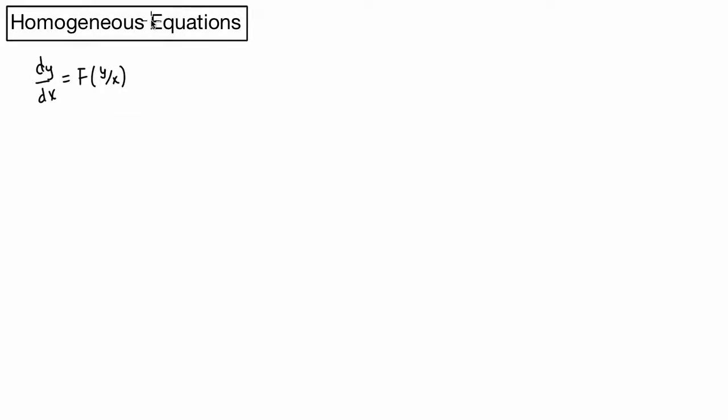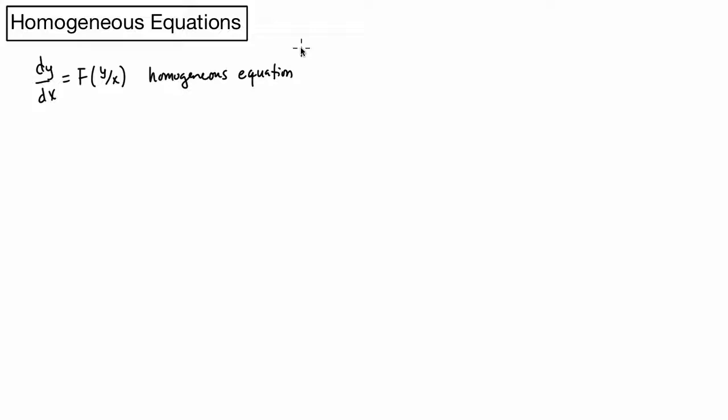Basically, it's the non-derivative part, or the right-hand side of the differential equation when written in this form, that is a function, an arbitrary function of y over x. So this is called a homogeneous equation. Not homogeneous linear, but just a homogeneous equation.